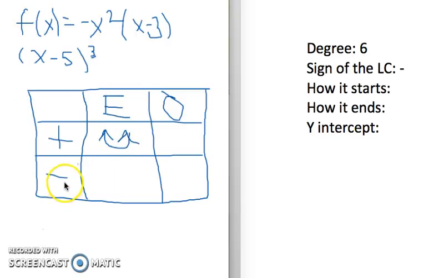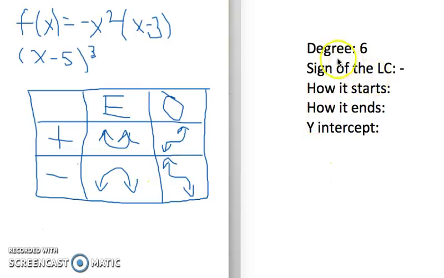If the leading coefficient is negative and the exponent is even, it goes downward. If it's positive and the exponent is odd, it goes downward and then it goes upward. And if it's negative and the exponent is odd, it starts upward and it ends downward.